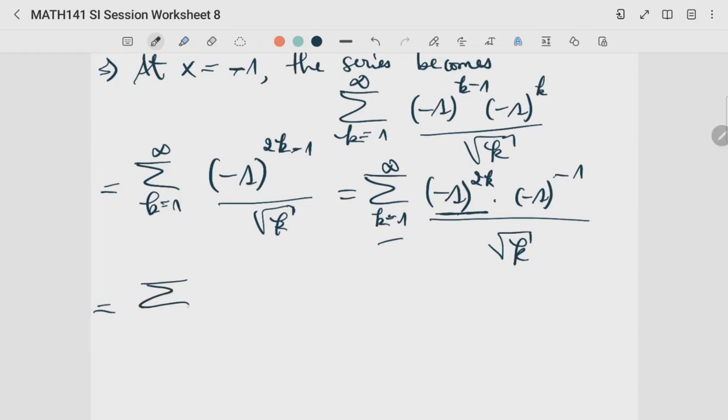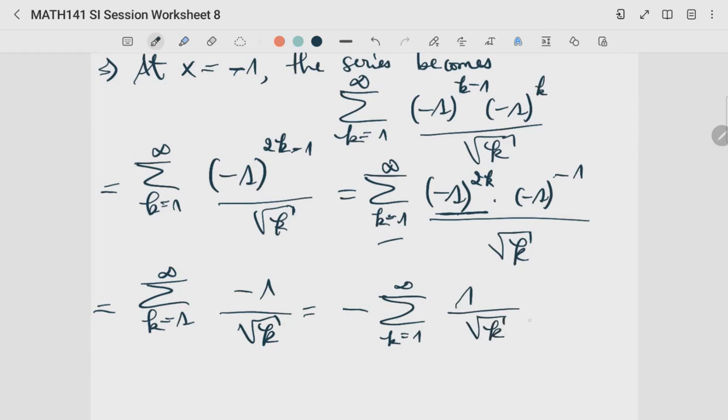We are left with the sum as k is equal to 1 to infinity of -1 divided by root of k. We can take out the negative. We are left with the sum from k is equal to 1 to infinity of 1 over root of k, which once again is a p-series.